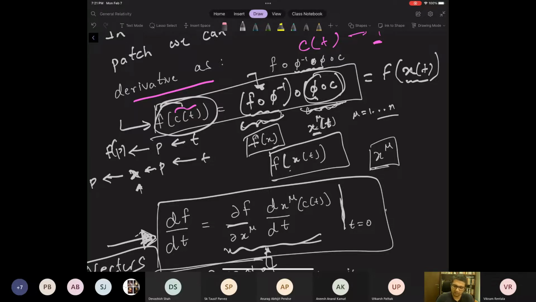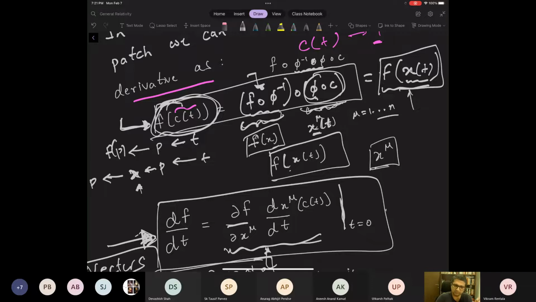Remember that this function is represented this way in a coordinate patch using f of x of t, but the function itself, from this open interval AB to the real numbers, exists independently of any coordinate choice.